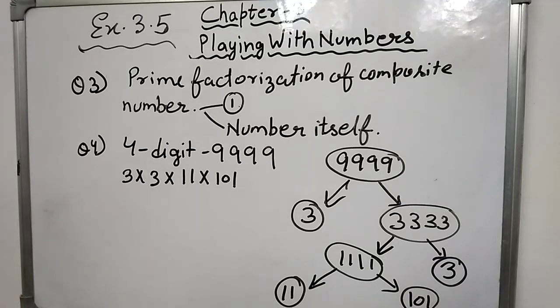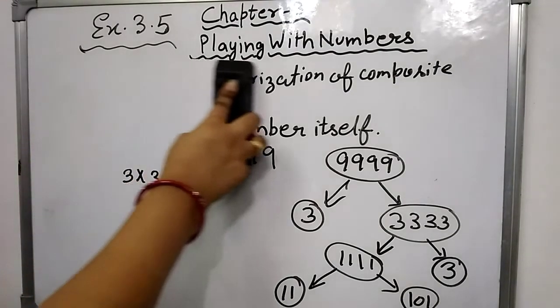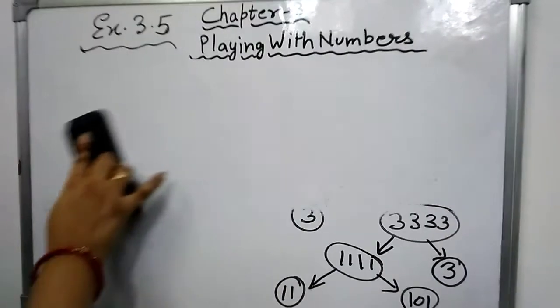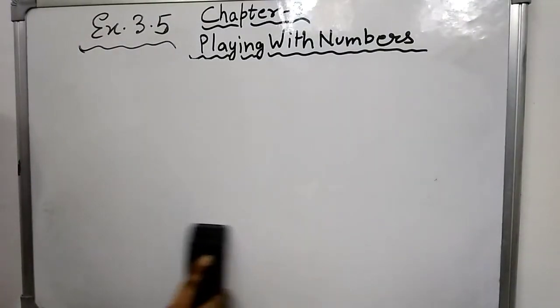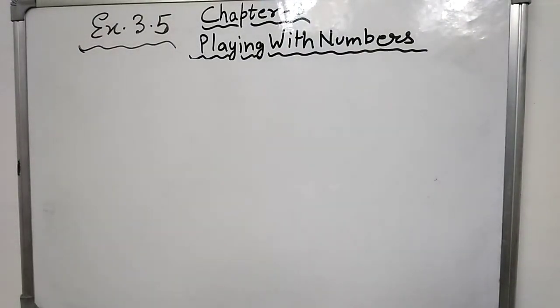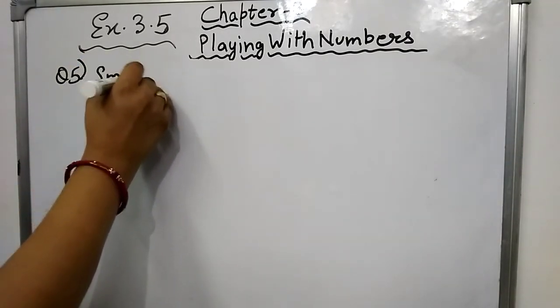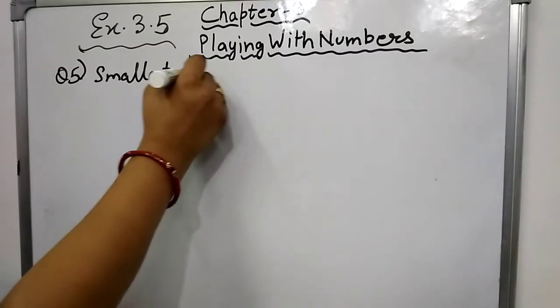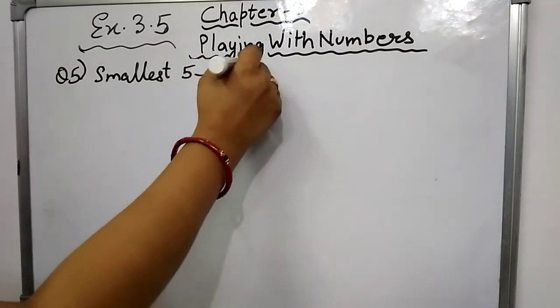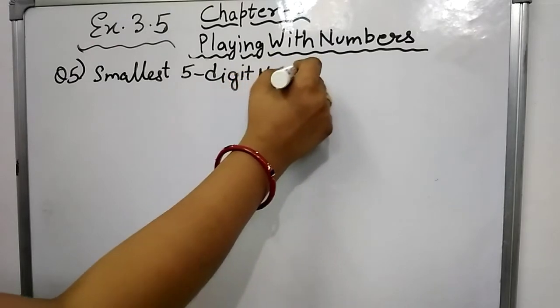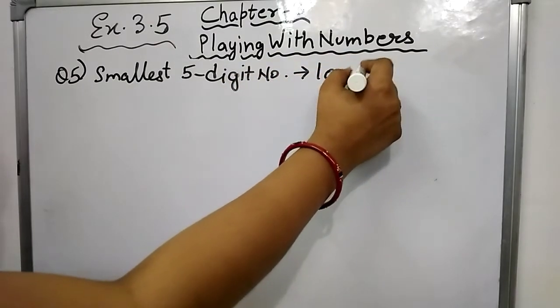Come to question number 5. Write the smallest 5-digit number and express it in the form of its prime factors. Now this is similar to question number 4, but in this we need to write the smallest 5-digit number. So the smallest 5-digit number is 10,000.